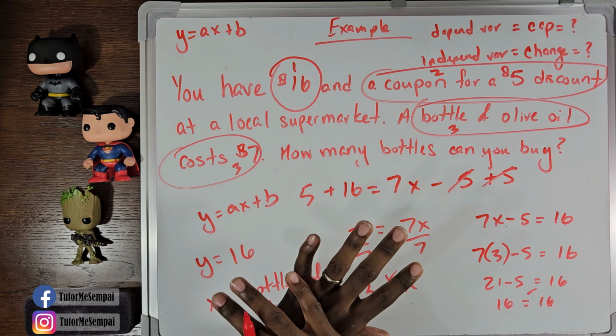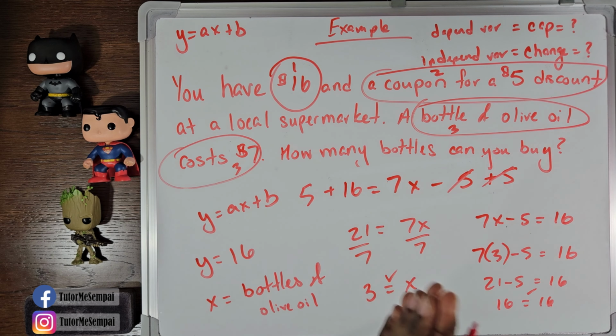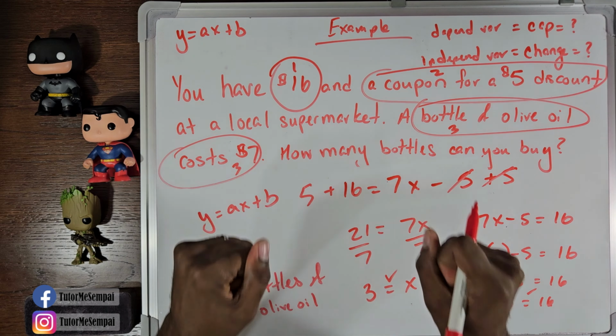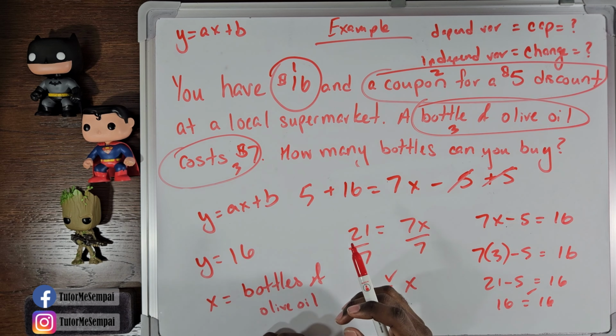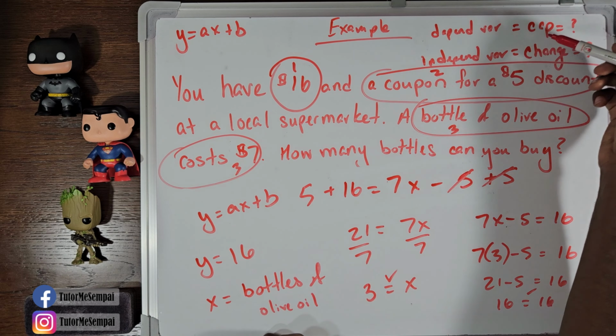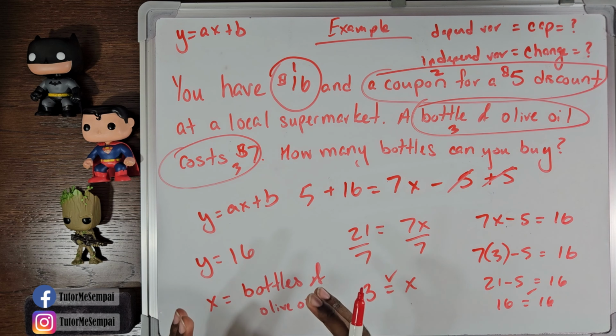So before you can even solve your equation, you first have to create it, find it, pull it out of your word problem. Remember your general form. You're going to start plugging things into this general form. Find your cap, find your change. But you have to understand what's happening inside your word problem, because that's going to determine what your cap and change are going to be. Once you have all that, plug in what's necessary.